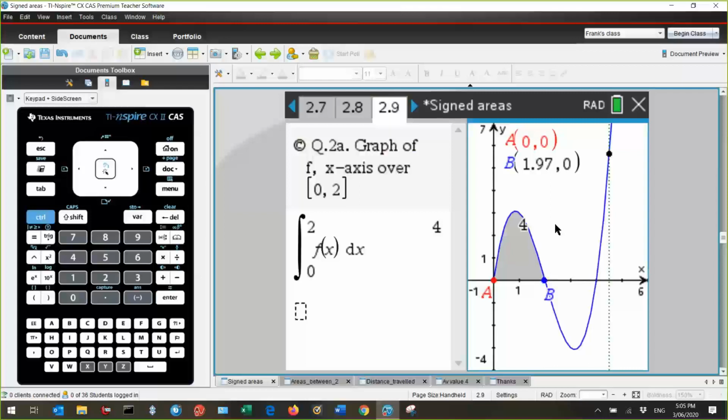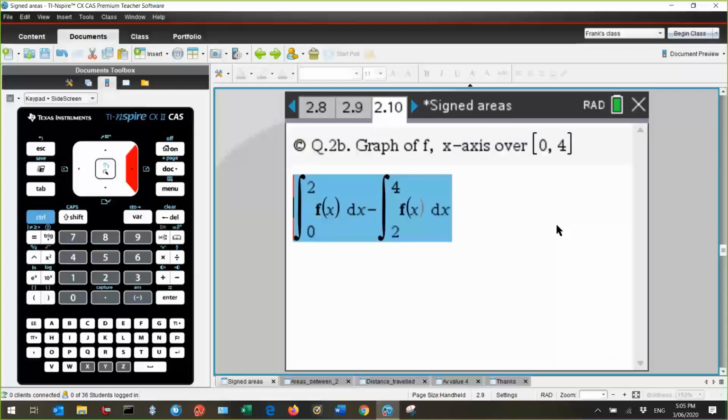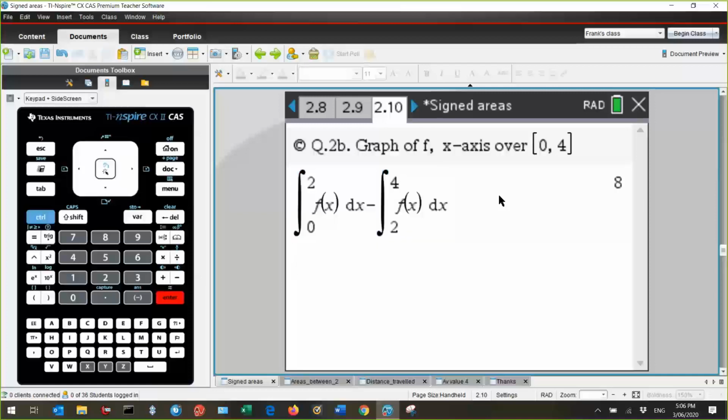But if I want the total area from 0 to 4, I need to break it up into two pieces: from 0 to 2, which is positive, and from 2 to 4, which was negative, so I need to subtract that integral. And I get 8.